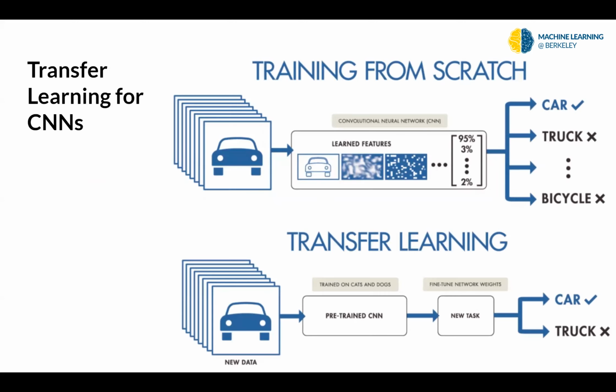And then finally, right, transfer learning. I think this will also show up on your homework. But essentially, what this does is you have networks that have already been trained for very long amounts of time, right? They're already very good at what they do. So why not use that to help you in some of your tasks, right? So for example, if you're trying to make your own model to classify whether an object is a car or a truck, right? What you can do is use pre-trained layers.